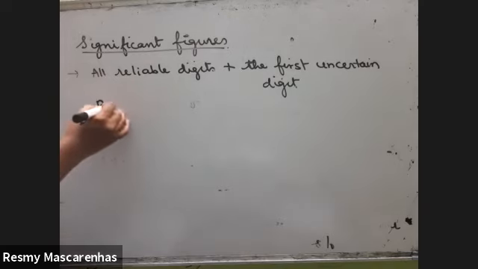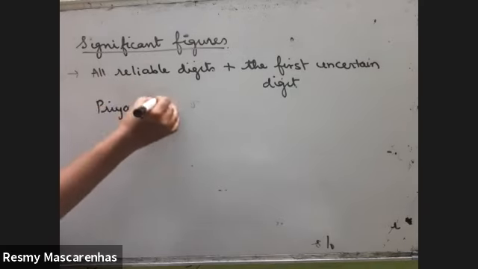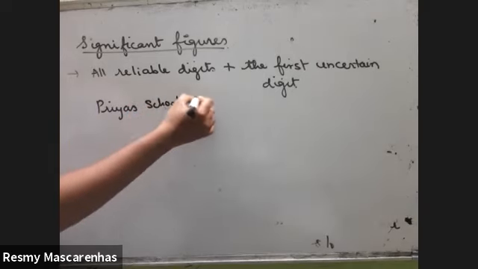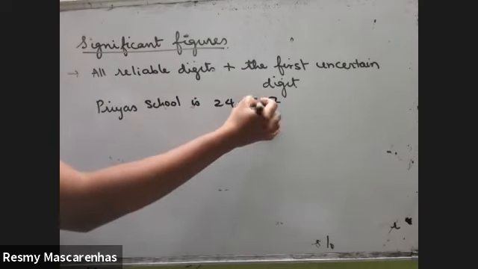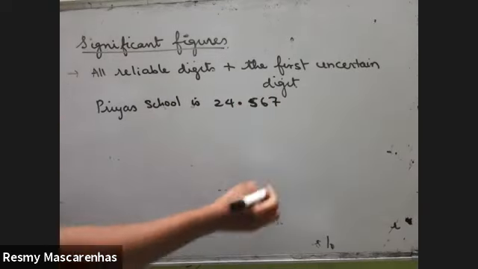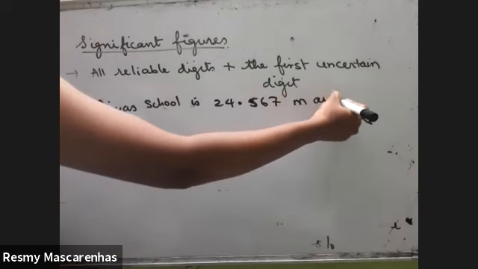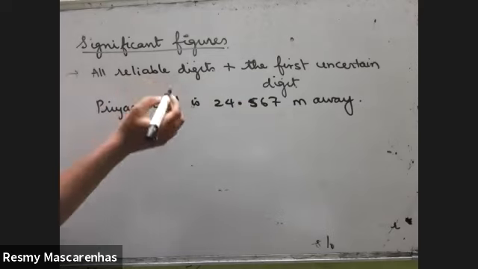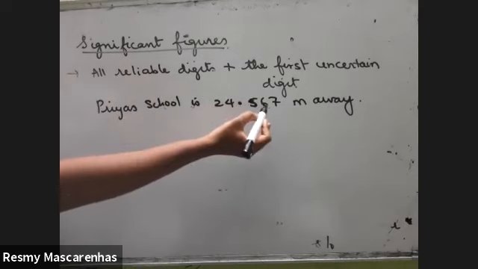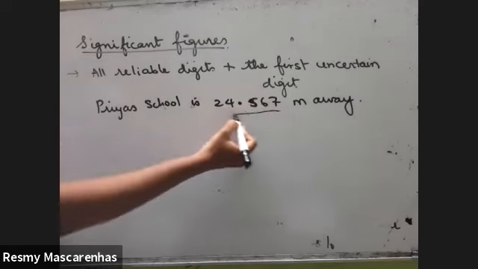Suppose I say Priya's school is 24.567 meters away. There will be some decimal points involved. There is always one uncertain digit, the first one, and you always move from this side.